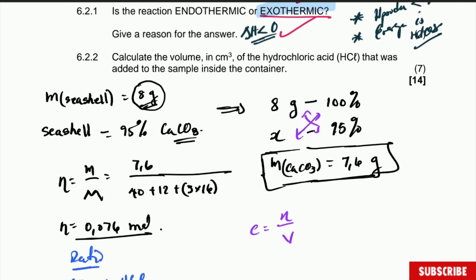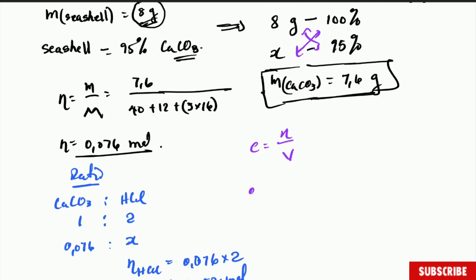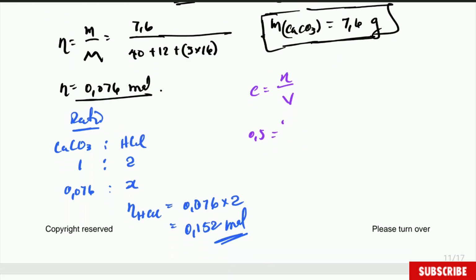I'm going to substitute right in the equation: 0.5 is equal to the number of mole, we got 0.152, divided by V. When you rearrange this one, you get that V is equal to 0.152 divided by 0.5.